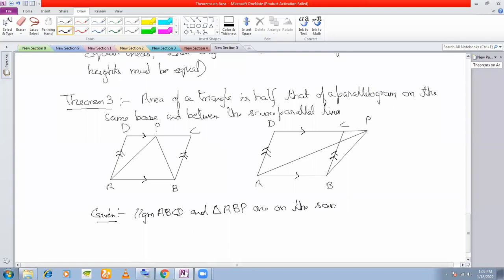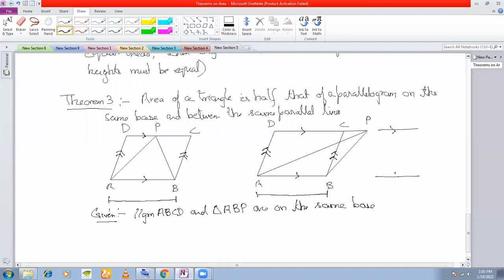What is the base here? In both the cases, you see that AB is the base, right? The parallelogram ABCD is on the base AB and the triangle ABP is also on this base. Similarly, for the second figure, triangle ABP and parallelogram ABCD are on the same base. And also, they are between the same parallel lines, right?